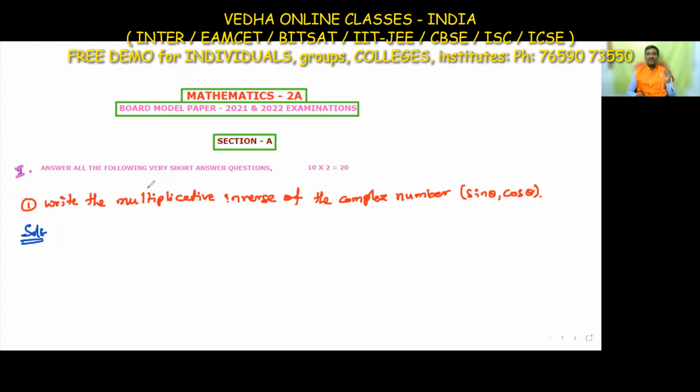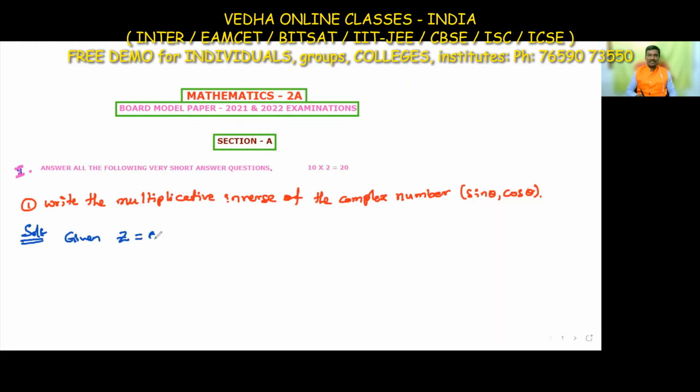First question: write the multiplicative inverse of the complex number (sin theta, cos theta). What is the given complex number? Given complex number z is equal to (sin theta, cos theta).